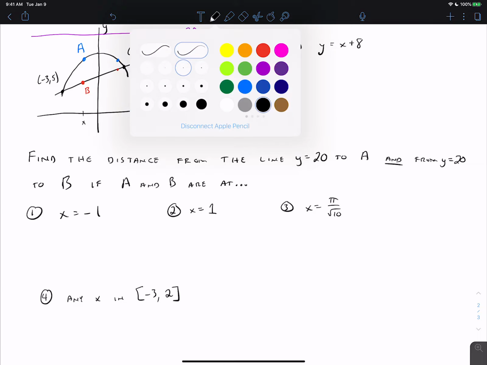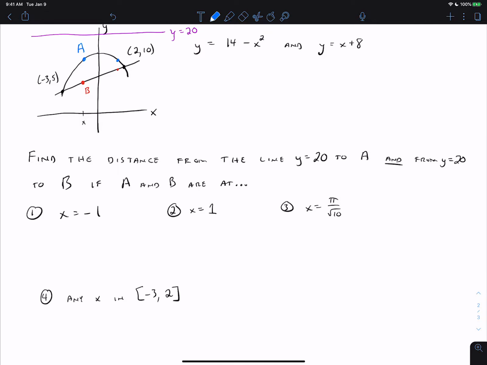Okay, so when we're doing this problem, for number 1, we want the distance from y equals 20 to A. That again is a vertical distance. So we're talking about the distance between the top y and the bottom y. So for point A, the top y is 20. The bottom y is whatever I get when I plug -1 in.